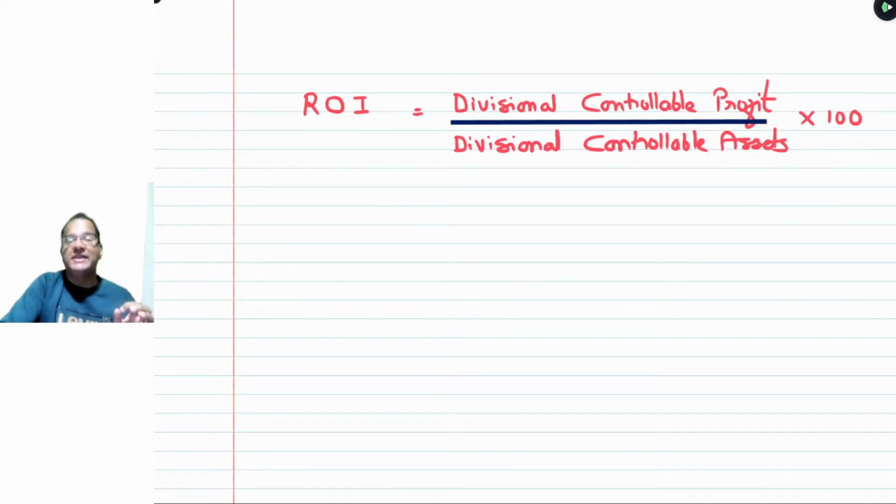And the answer is, whenever we are measuring the performance of a department, all the effects under the direct control of that particular department will be considered. Whether it's fixed effect or working capital effect, it doesn't matter.